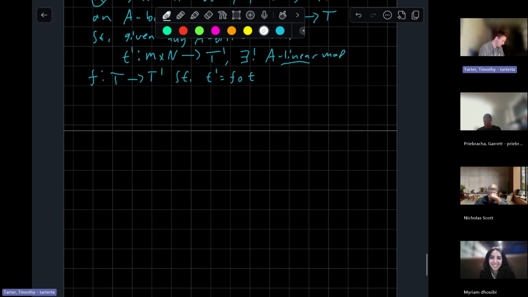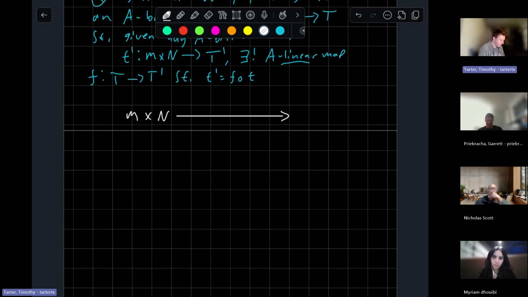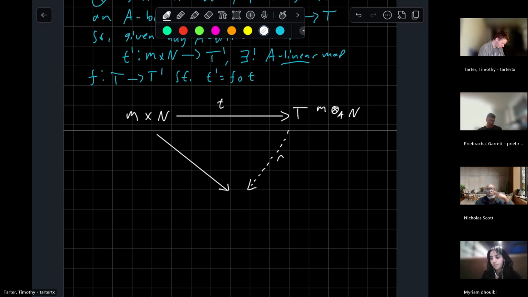And the commutative diagram for this, I think, is the part that makes sense, not that definition. That definition still sucks. But M cross N going to T, which is really the tensor product of M and N, by T factors uniquely through F to the A module T prime.